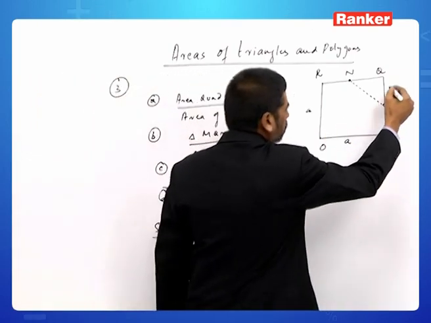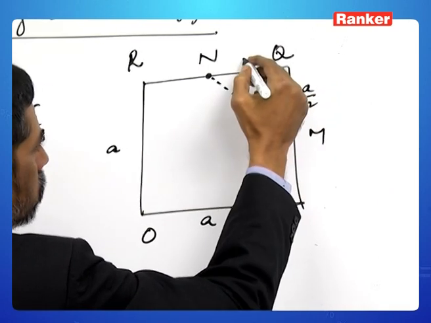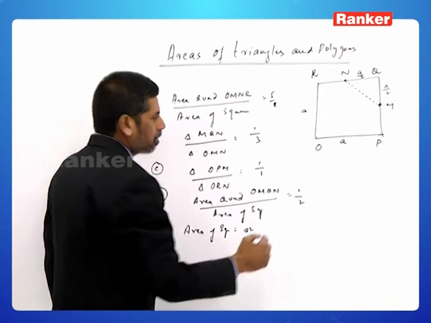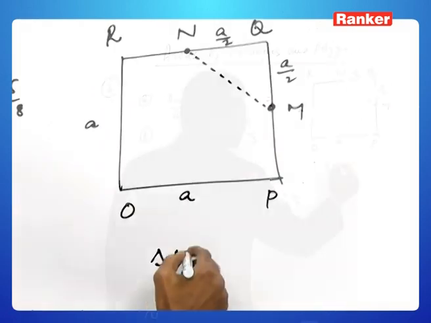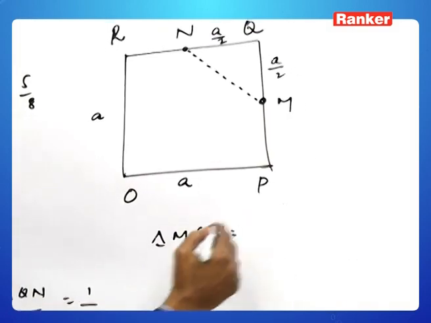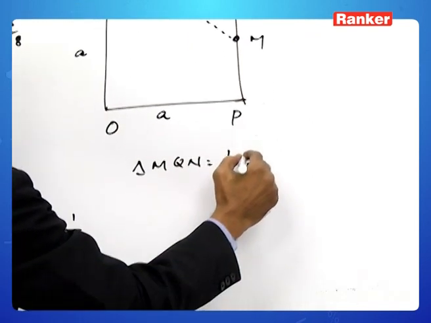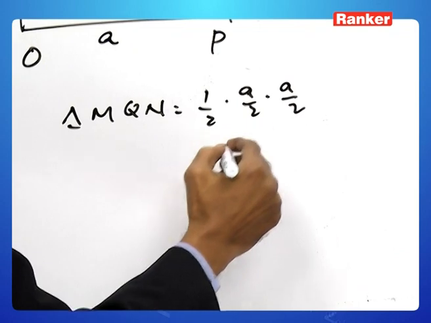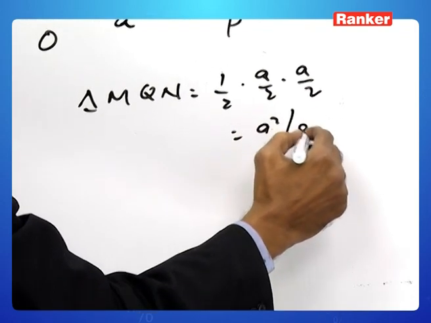Now this will be A by 2, right? This will be A by 2, this will be A by 2, and the area of triangle MQN is half times A by 2 into A by 2. So this will be A squared by 8.